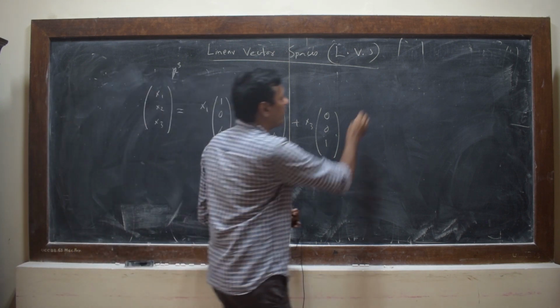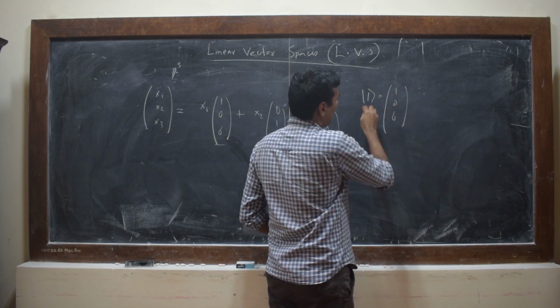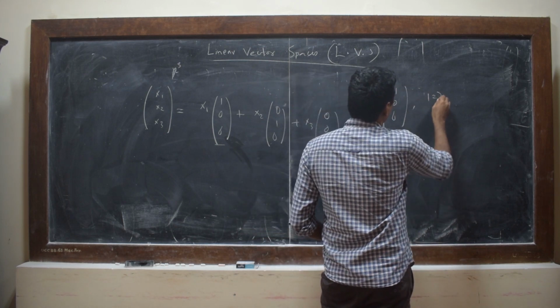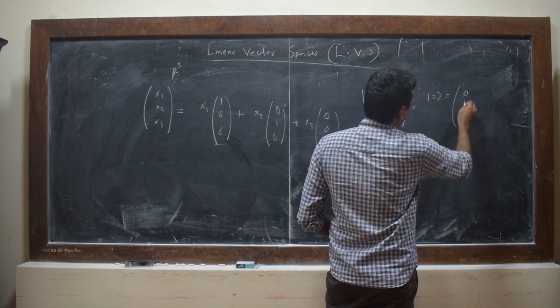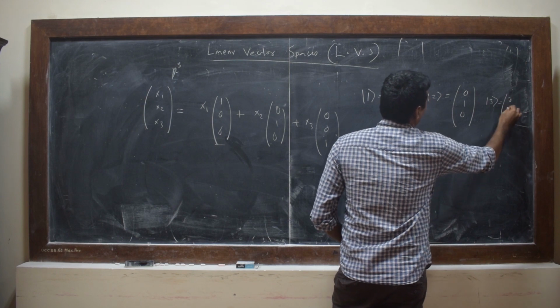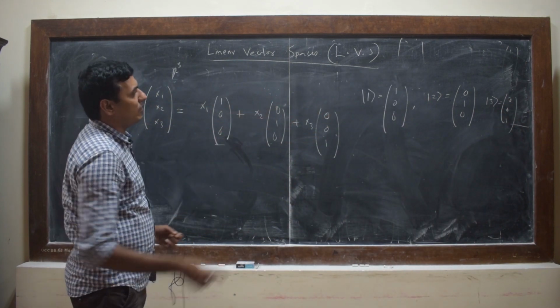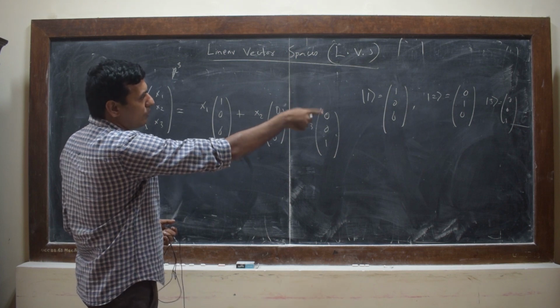This vector is a vector in R3. Say for example I call (1, 0, 0) as ket 1, (0, 1, 0) as ket 2, and (0, 0, 1) as ket 3.